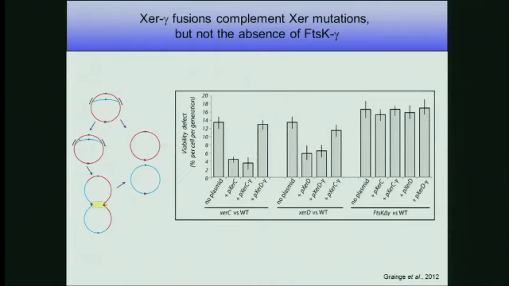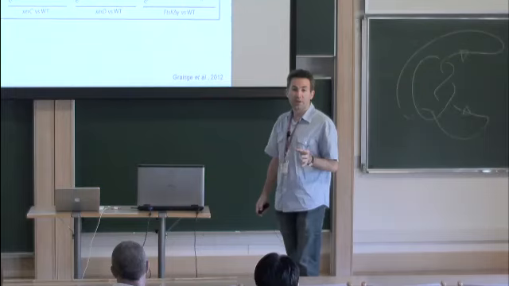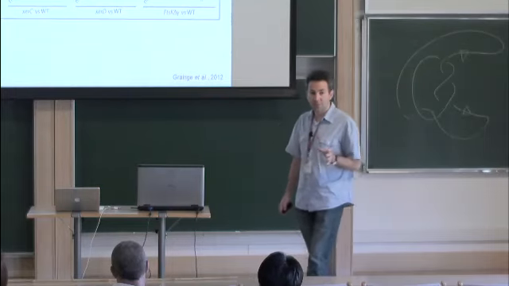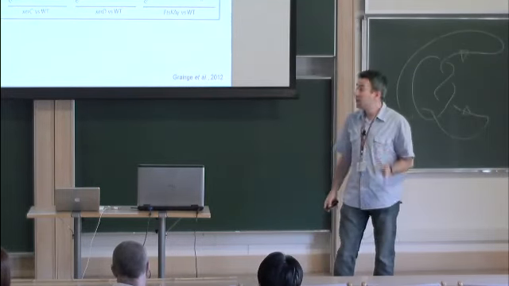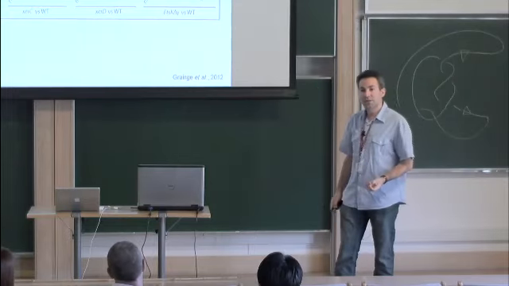If you now do it in an FtsK delta-gamma background, so these proteins I've shown you before don't need FtsK anymore to recombine. So they can recombine without FtsK there, but in the absence of FtsK, you don't recover that fitness loss.